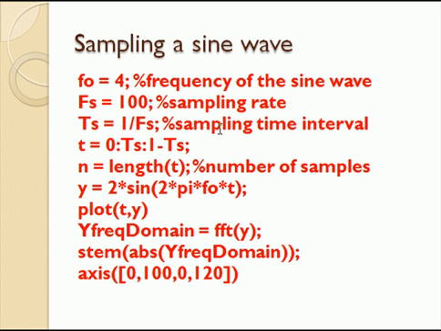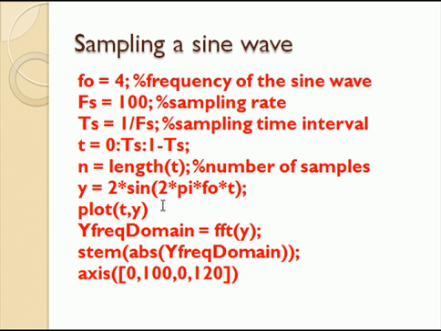So the sampling period is 1 over 100, or a hundredth of a second. And so I set up a set of times going from 0 to 1 minus that sampling time, incrementing by the sampling time. I set up a number of samples, and then I just calculate the sine function. I picked an amplitude of 2 for no particular reason, but I use f naught as a frequency. So we get this 4 hertz sine wave.